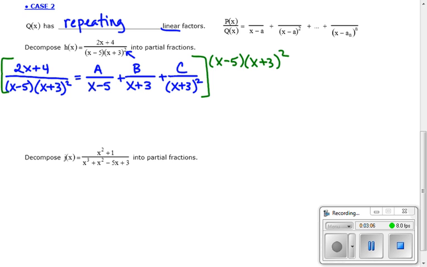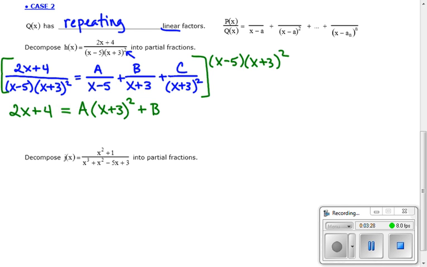The fraction all the way to the left, everything in the denominator would be canceled, so we would just have 2x plus 4. For the first fraction, we will have the a, and then the x minus 5 will be canceled. We'll be left with x plus 3 squared. Second fraction, we'll have our b.